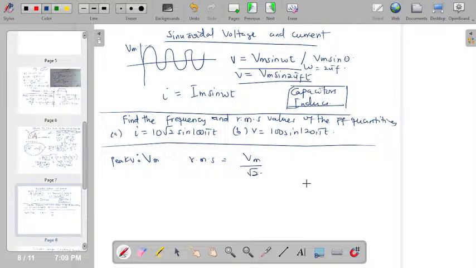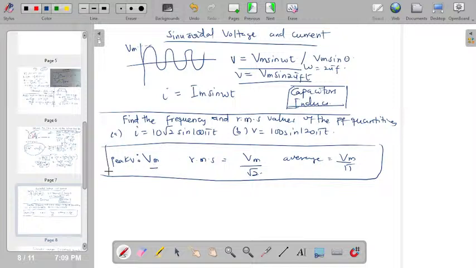Vm over square root of 2. Then the average is always equal to Vm over pi. So these are sinusoidal wave parameters. So far as it's following the sinusoidal wave, unless maybe it's a square wave, that is when it differs. For every sinusoidal wave, these are the parameters you should take.